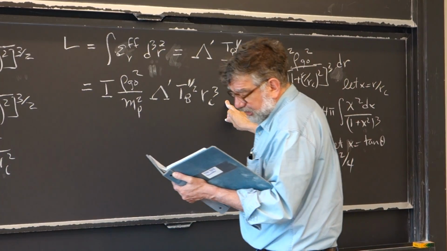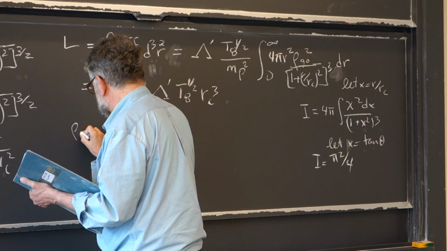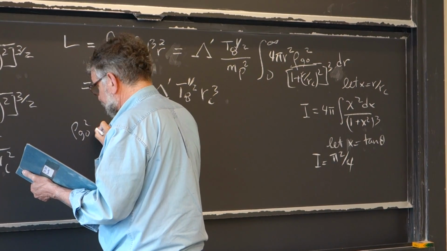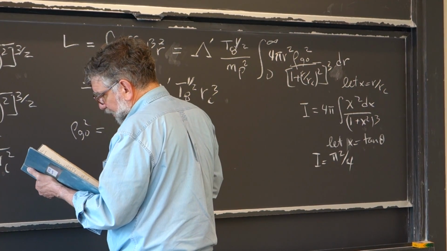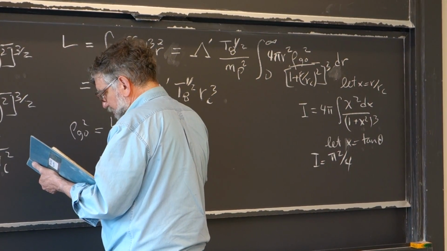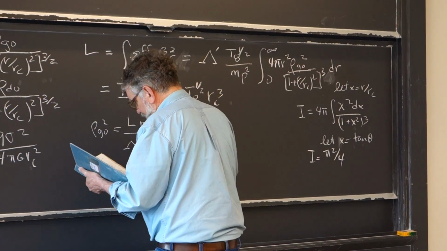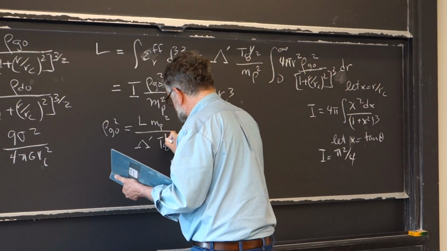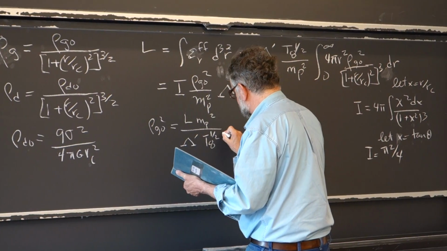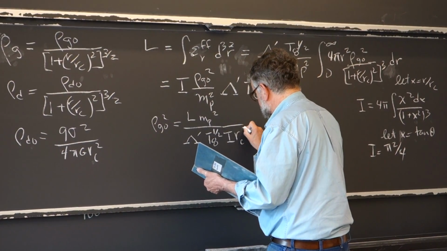We can solve this for rho g0 squared, and we get rho g0 squared is equal to the total luminosity, the mass of a proton squared, over our lambda prime times T8 to the 1/2 I, our integral, which is pi squared over 4, rc cubed.